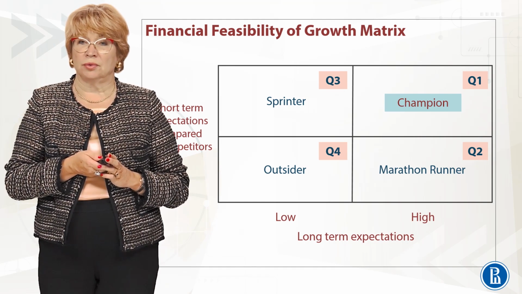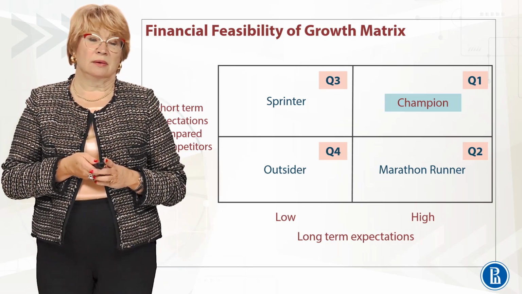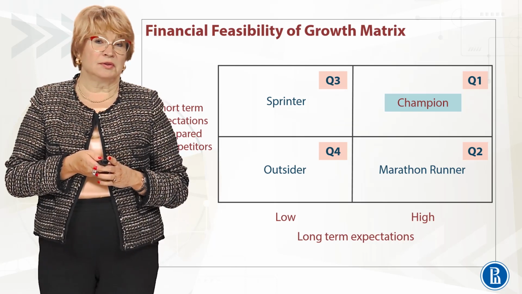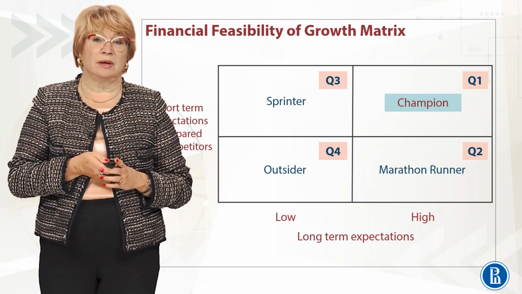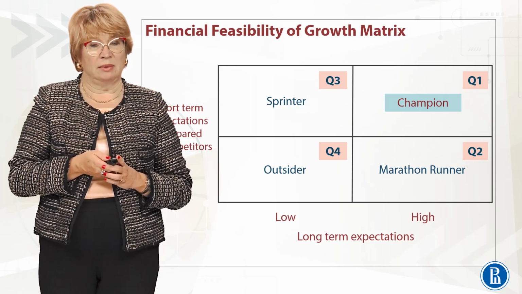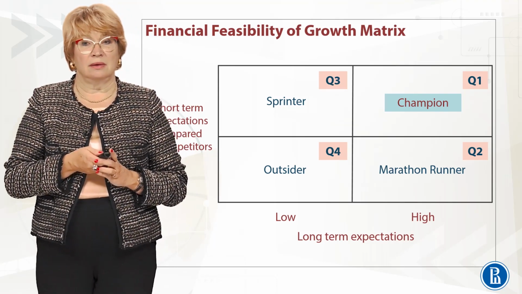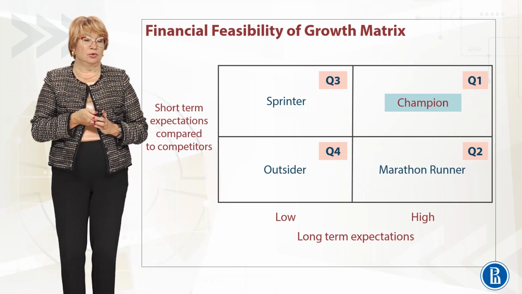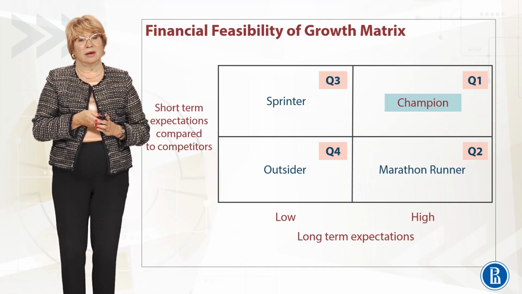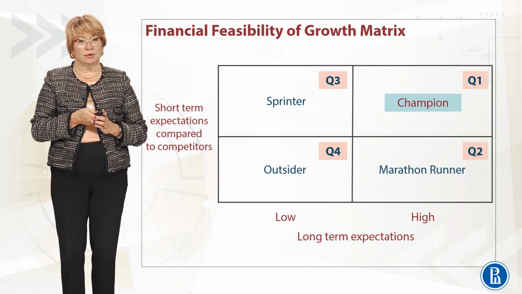Those who are in Q3, they look like a sprinter in the sports competition. Those are the runners for very short distances, but they are very, very good runners within this short period of time. And finally, the Q4, those are, again, outsiders. The long-term expectations for Q3 and Q4 are really low in terms of the investor perceptions.